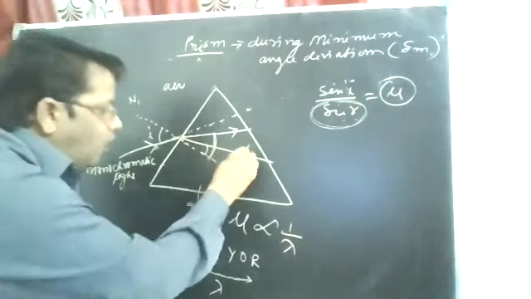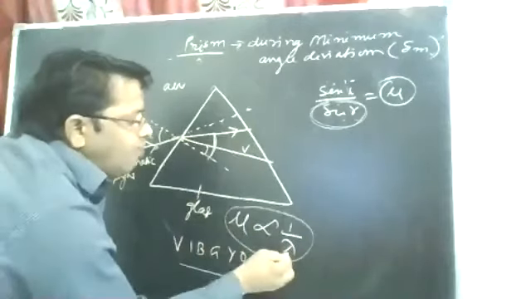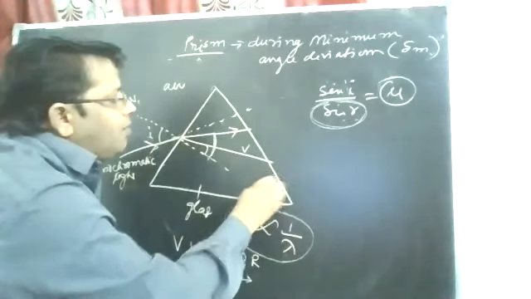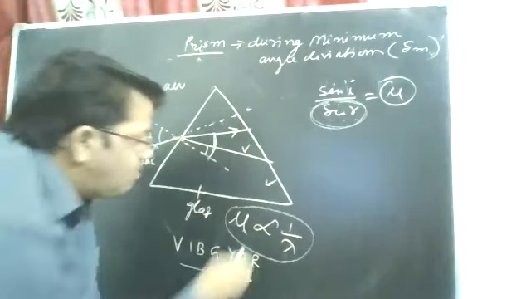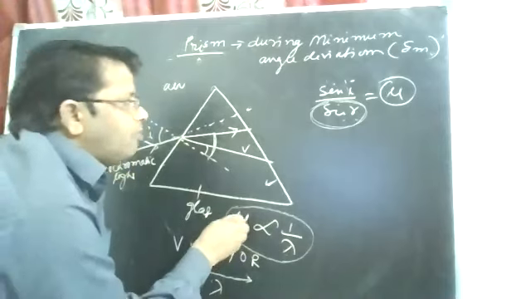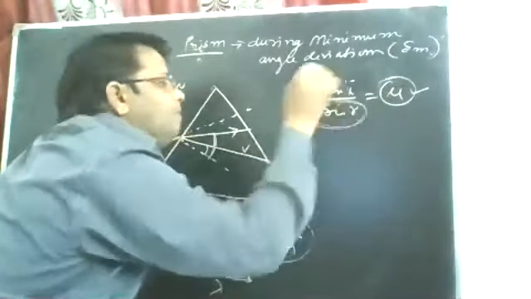You know that violet color has minimum wavelength, so the refractive index provided by the material of the prism will be maximum. If wavelength is minimum, refractive index will be maximum, and when mu is maximum, r will be minimum.